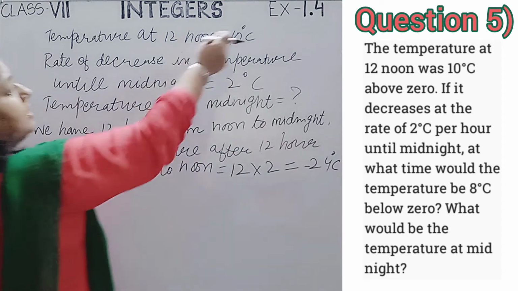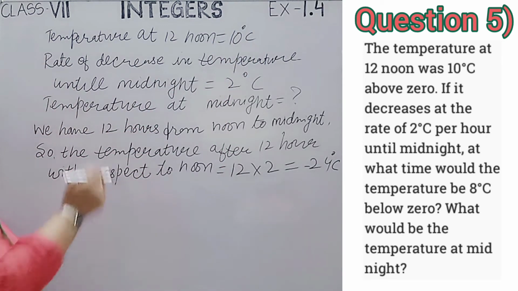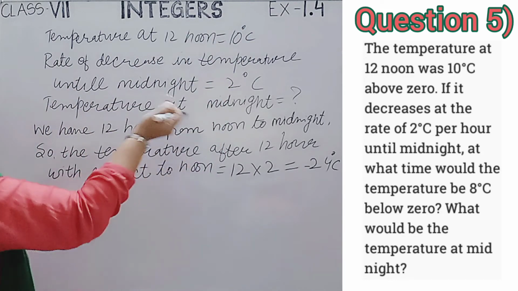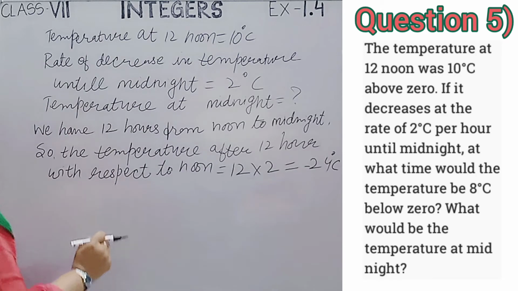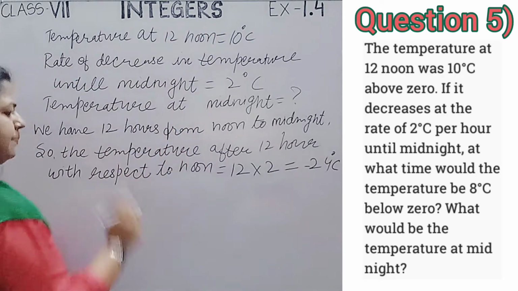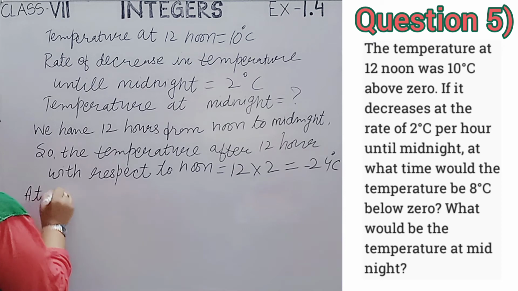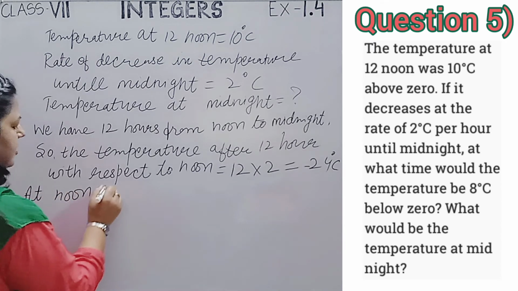But at noon temperature was 10 degrees Celsius. So we have to combine this one, because actual temperature is 10 degrees Celsius at the time of noon.